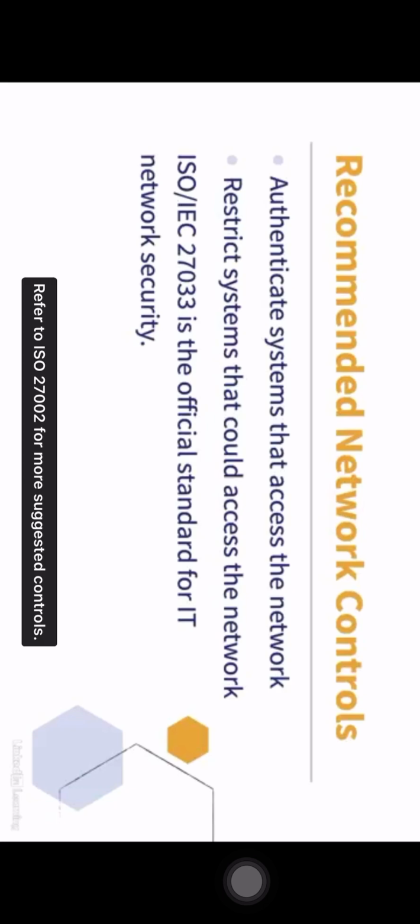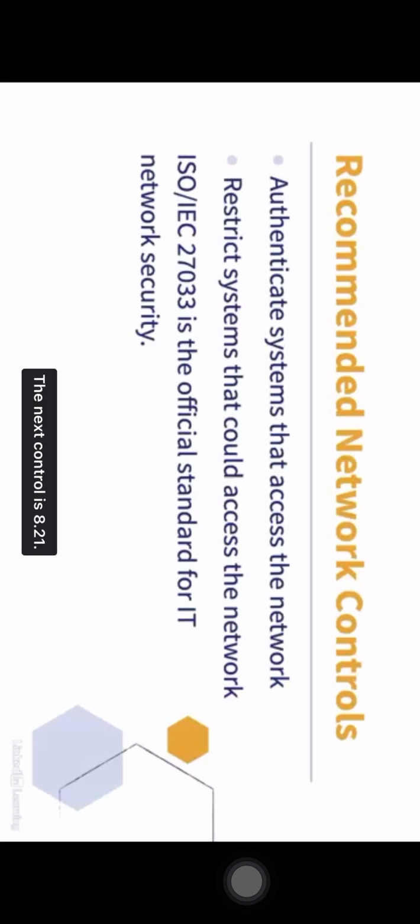Refer to ISO 27002 for more suggested controls. For the definitive reference, though, you might want to check out ISO IEC 27033, which is the official standard for IT network security.